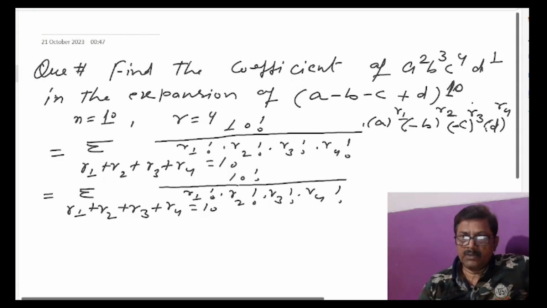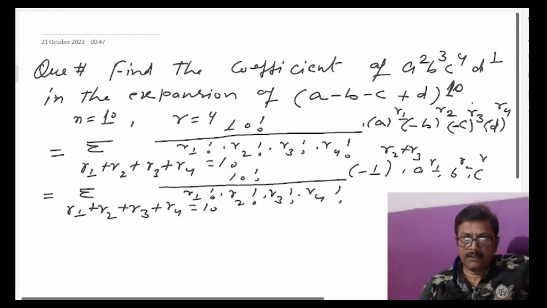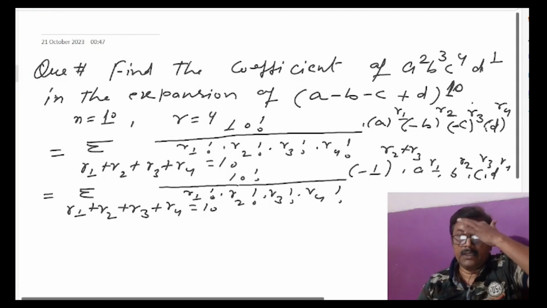So minus 1 to the power r2 and minus 1 to the power r3, so minus 1 to the power r2 plus r3, correct, into a to the power r1, b to the power r2, c to the power r3 and d to the power r4. So I wrote it in the correct manner.